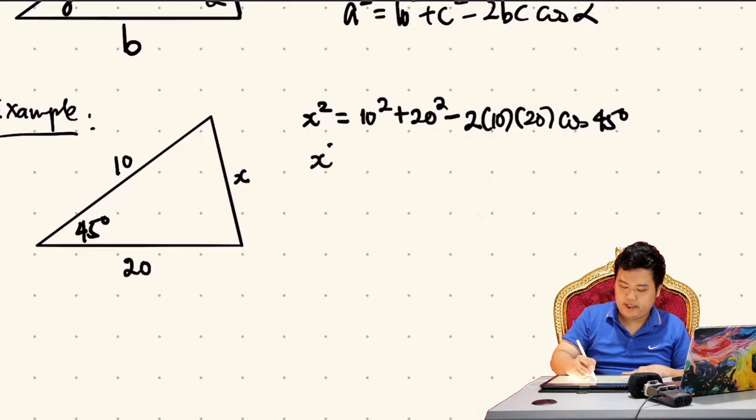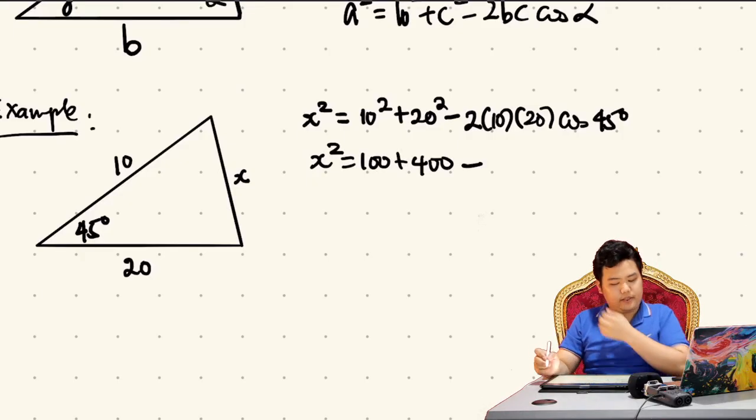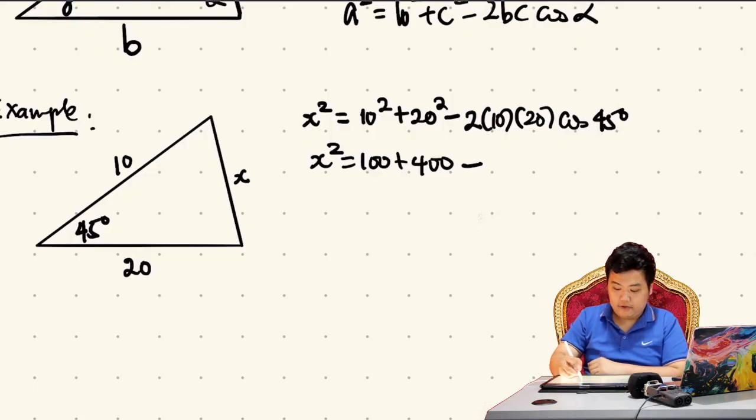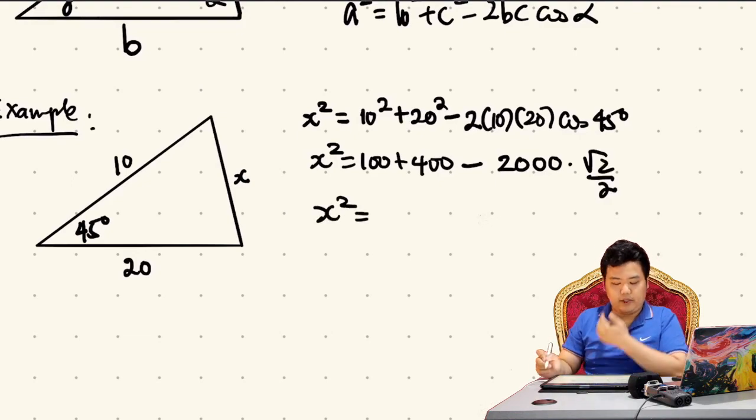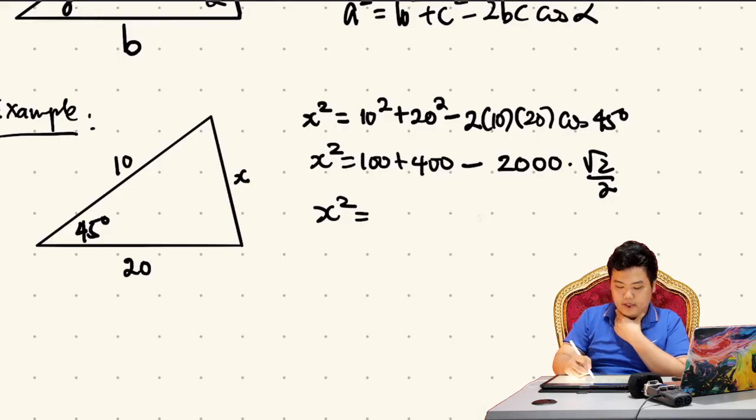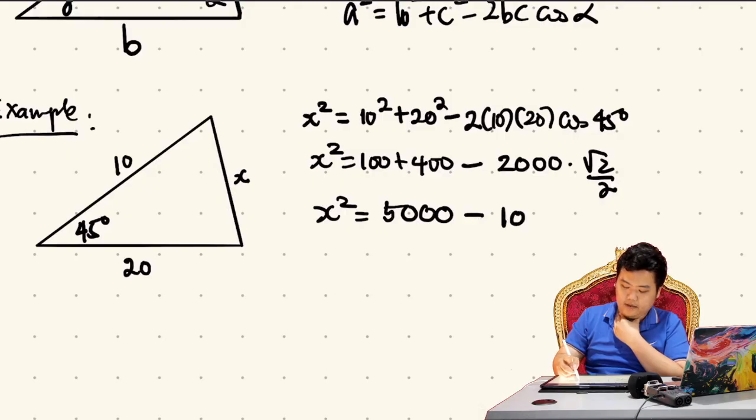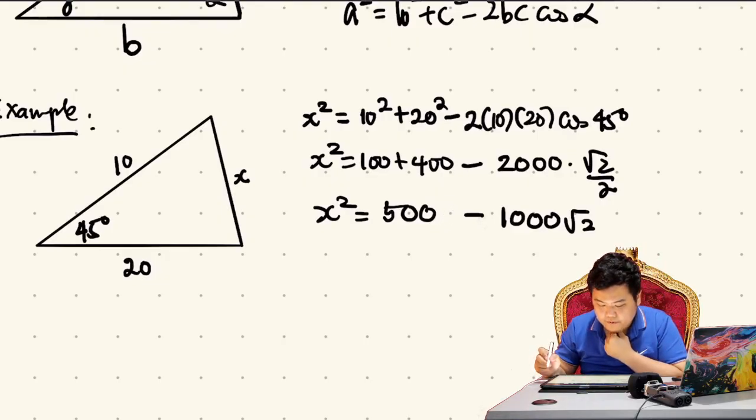So, x square is 100 plus 400 minus 2,000. Cosine 45 is square root of 2 over 2. So, x square is equal to 500 minus 1,000 square root of 2. Na 200, sorry.